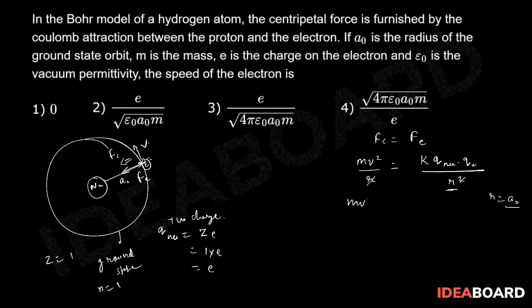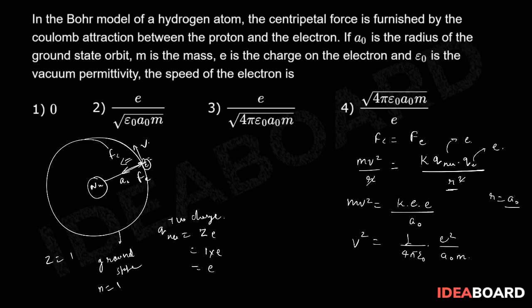So that means mv square is equal to k into charge on the nucleus is e, electron charge is e as well. So this will be k into e square upon A0. Now we can put the value of k, which is 1 upon 4 pi epsilon naught, into e square upon A0 into m, correct?